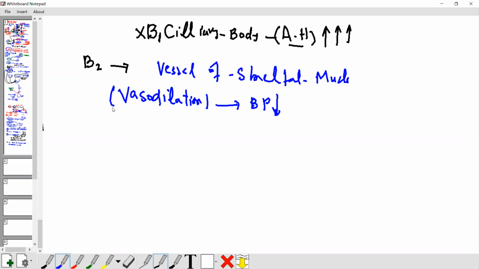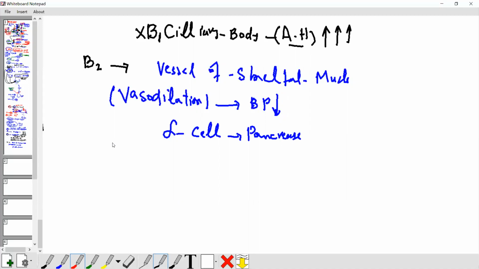Beta 2 receptors are also present on the alpha cell. Where is the alpha cell? In the pancreas: alpha, beta, delta. Beta receptor on alpha cell, alpha receptor on beta cell.